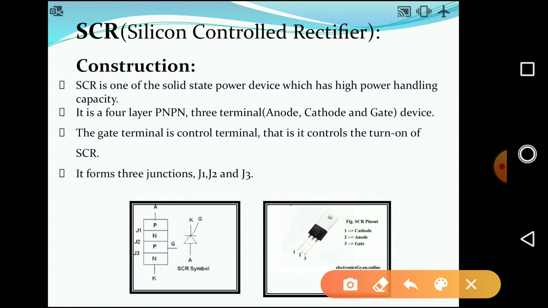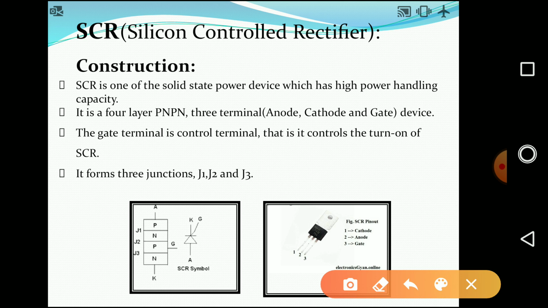In the layer diagram we can also observe that when two semiconductor layers, that is a P layer and an N layer, are sandwiched, a junction forms, which is called J1. Likewise, when 4 layers are sandwiched, it forms 3 junctions, that is J1, J2 and J3.